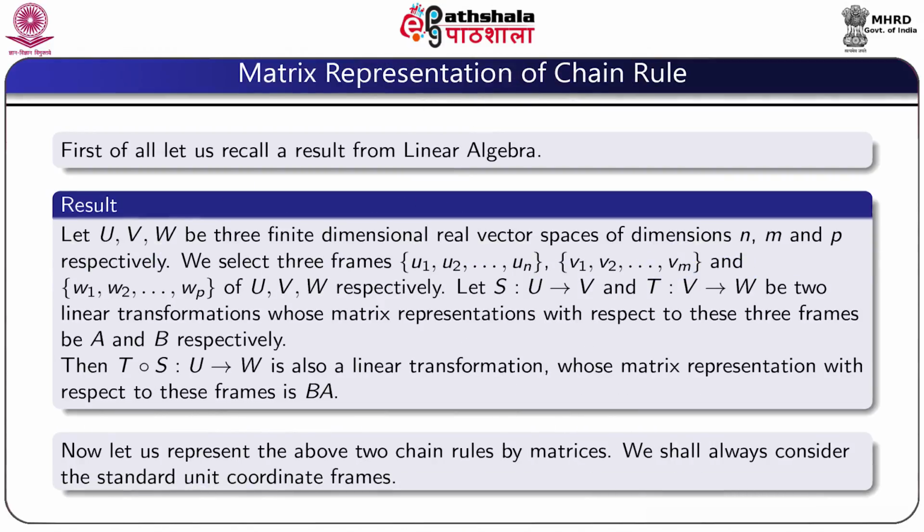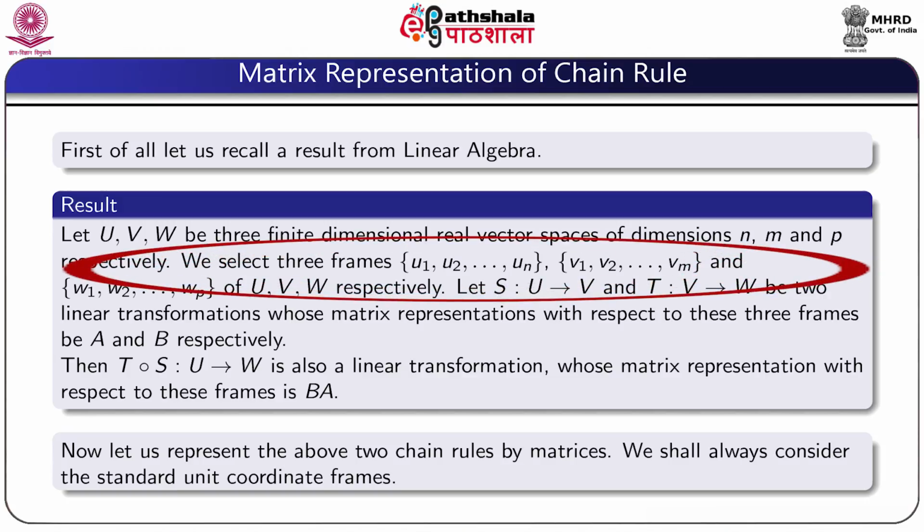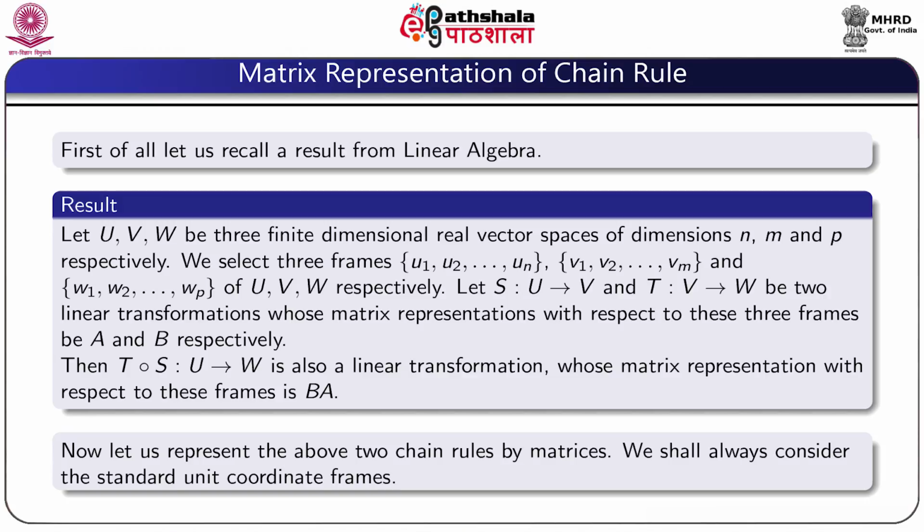Now, we discuss the matrix representation of the chain rule. First of all, let us recall a result from linear algebra. Let U, V, W be three finite dimensional real vector spaces whose dimensions are n, m and p respectively. Now, we select three frames u1, u2, ..., un for U, v1, v2, ..., vm for V and w1, w2, ..., wp for W. Let S from U to V and T from V to W be two linear transformations.